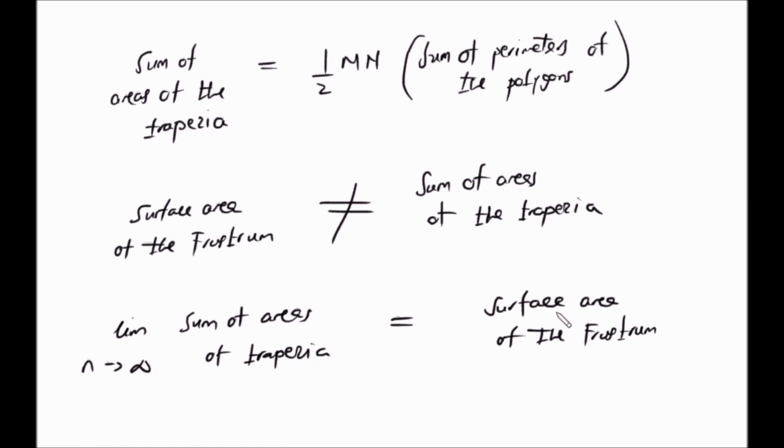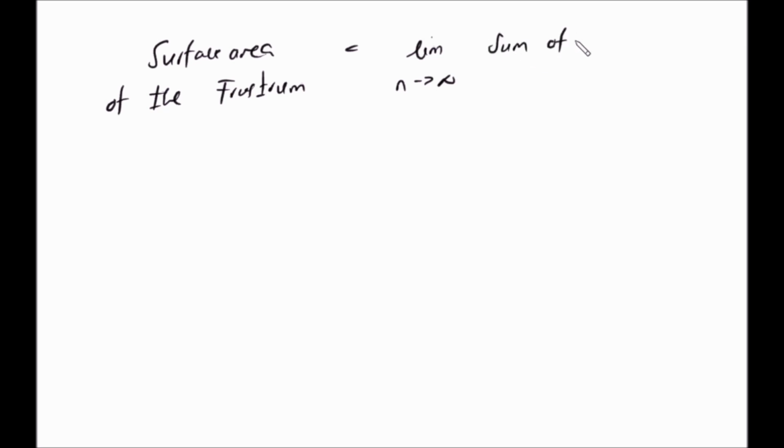So we have seen that the surface area of the frustrum is the limiting value as n approaches infinity of the sum of the areas of the trapezia.